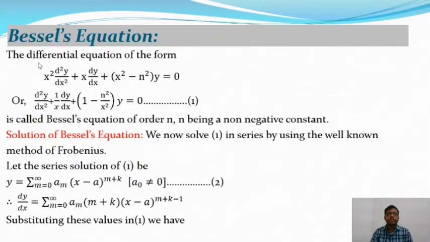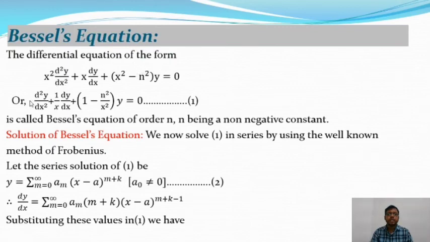At first we will begin with the definition of the Bessel's equation. The differential equation of the form x square d2y/dx2 plus x dy/dx plus (x square minus n square) y is equal to 0 is a second order ordinary differential equation.